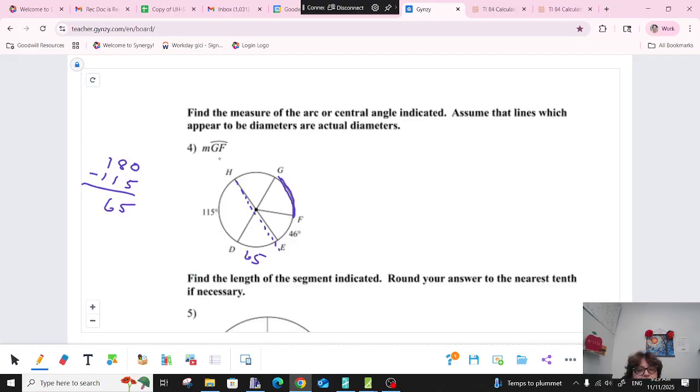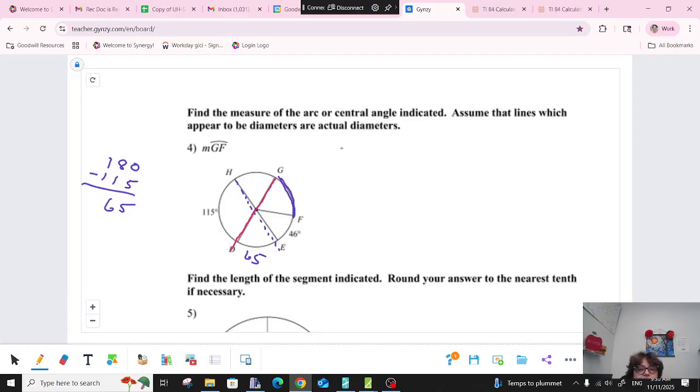Okay, now it's saying I need GF. But I also know what? That this is another diameter, right? So this half also has to equal 180, right?